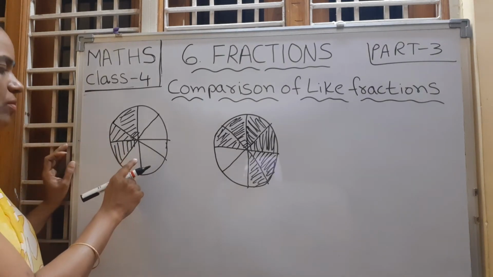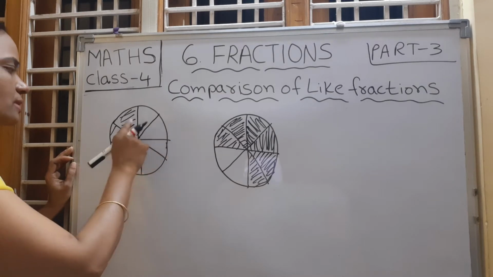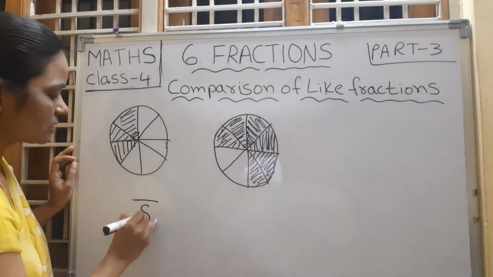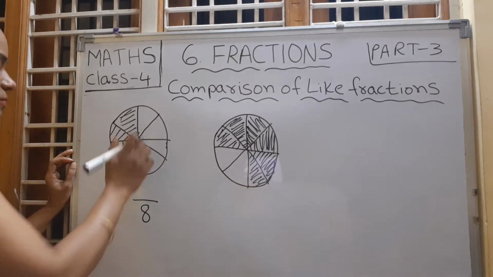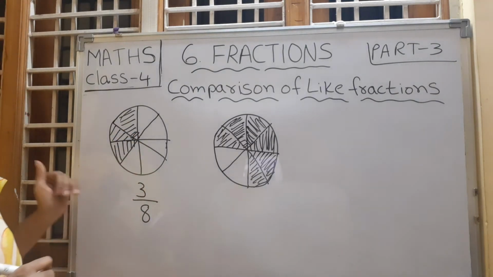Total how many parts are there? 1, 2, 3, 4, 5, 6, 7, 8. Out of 8, how many are colored? 1, 2, 3 are colored. So it is 3 by 8.